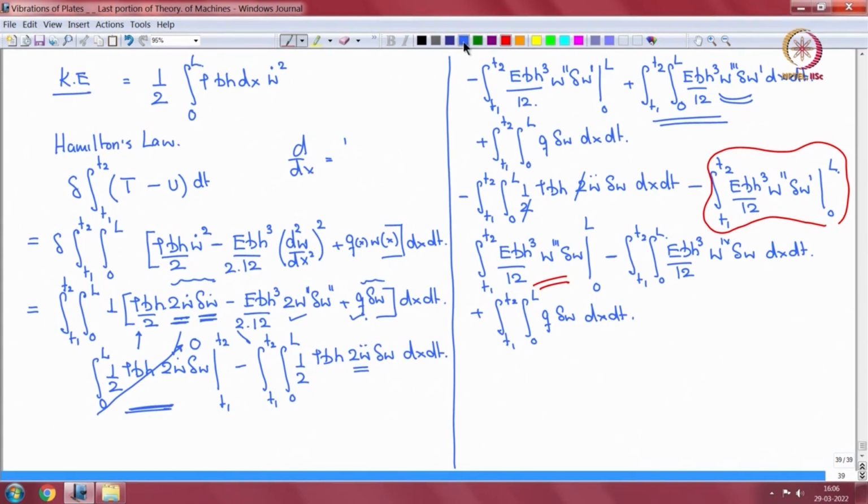If we collect the integral terms first, what do I get?